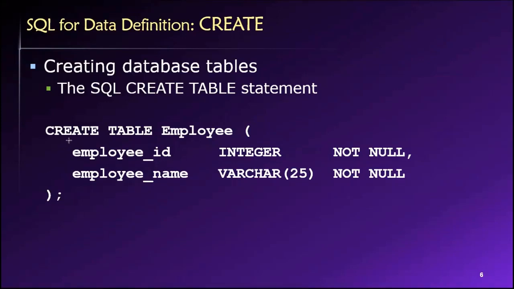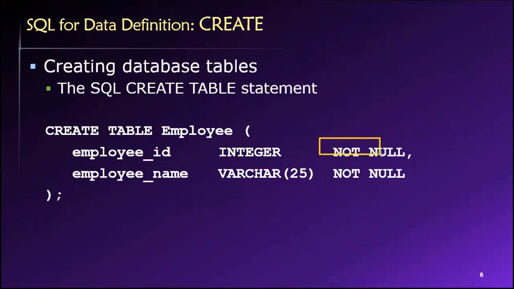So in this case, we're saying, create a column named employee ID. So this will be the name of the column. And then we specify the data type, in this case, an integer, which is a 4-byte integer, meaning it can hold whole number values ranging from approximately minus 2.1 billion to positive 2.1 billion. So that's the range of values for the integer data type.